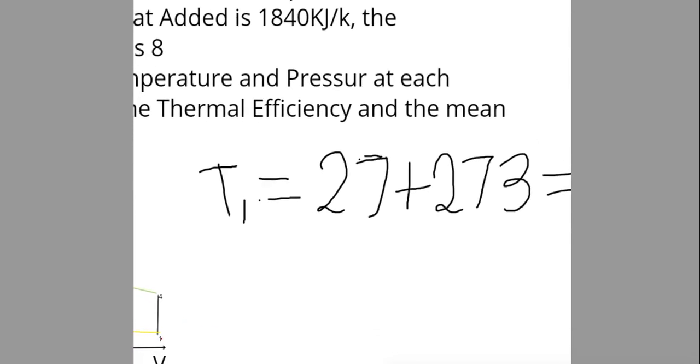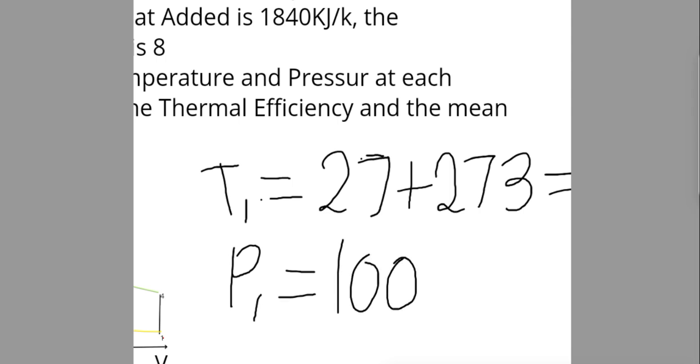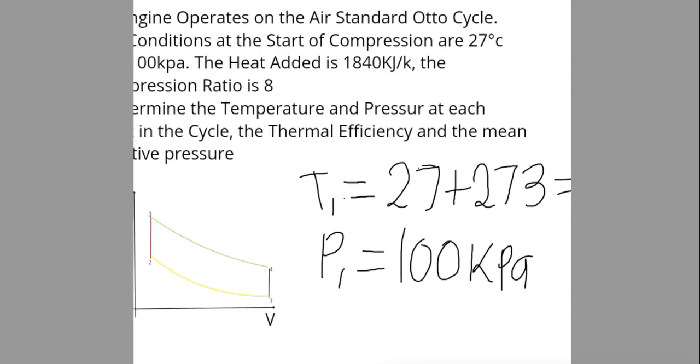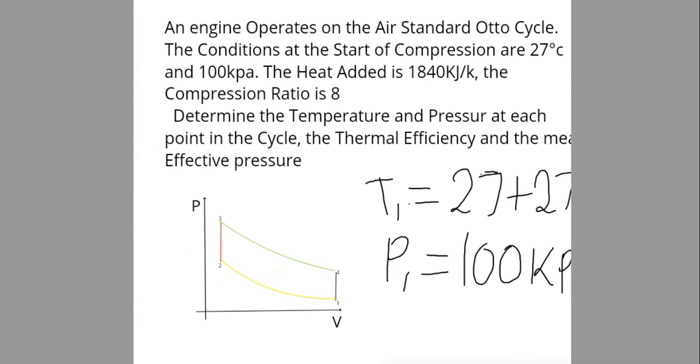So we can write that also, our P1 is equal to 100 kilopascals, and we know kilo is equal to 10 raised to power 3. So we just keep that in mind. And now they say that our compression ratio is 8.